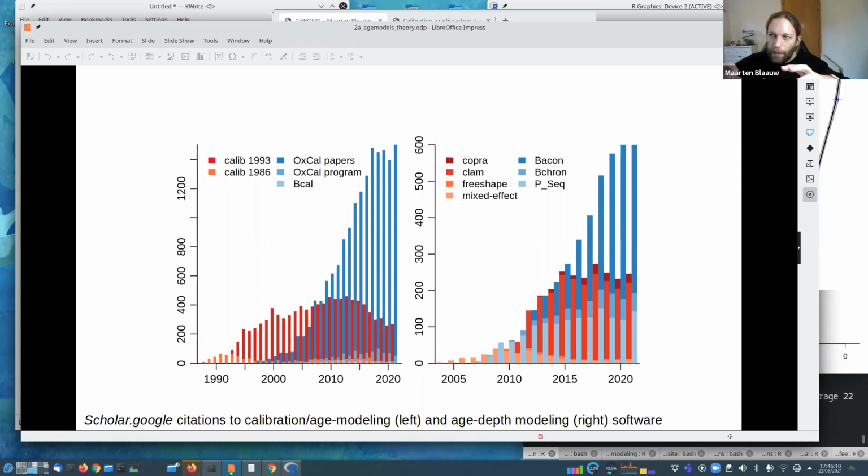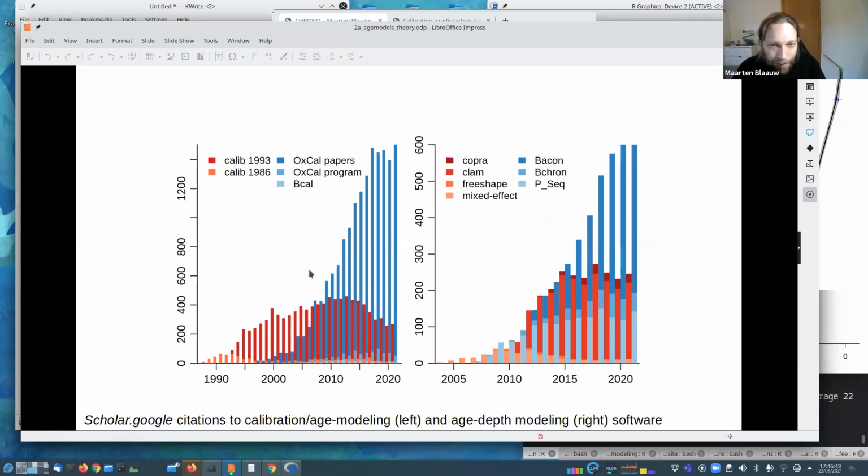For example, if you have some ordered dates over a site where you know that some dates are older than other dates. That's the blue bars here. They've really taken over, and many people will simply use Oxcal to calibrate their dates and report that in papers, and then also use that for their age models. Now it happens to be that Oxcal is Bayesian, and we'll come back to what Bayesian is, but it seems that has won over the more classical one. Why this took place?